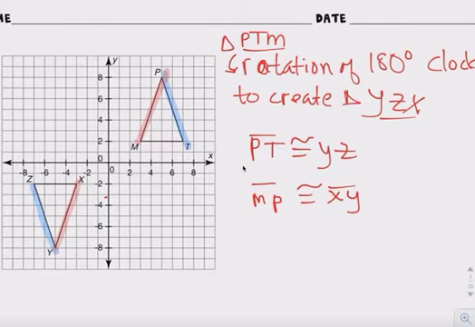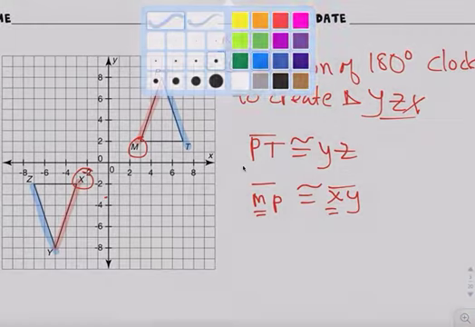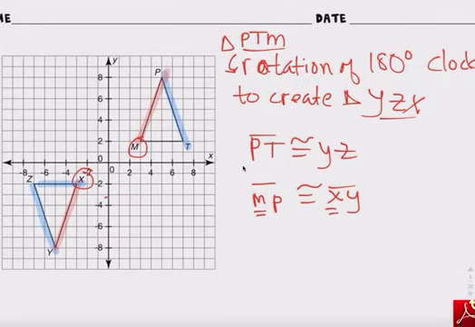I used P first, I need to use X first. And the last one left, MT, line segment MT, is congruent to XM, and X correlates to Z.